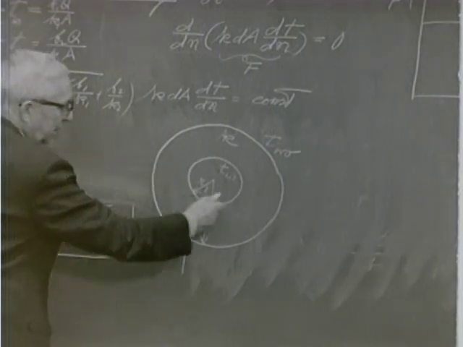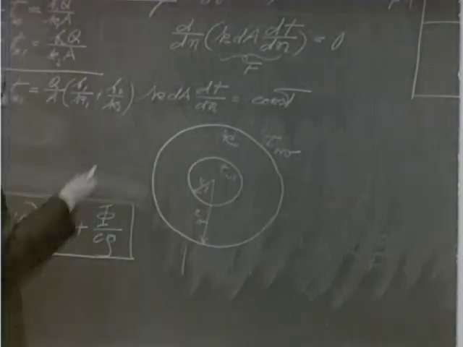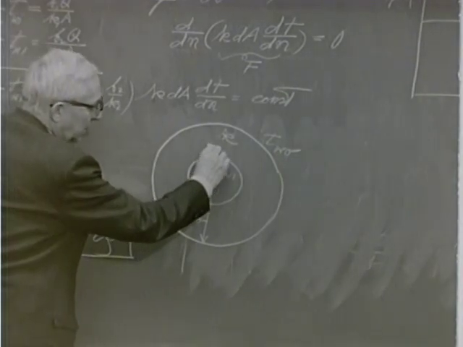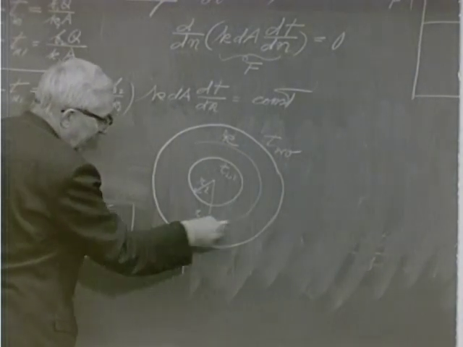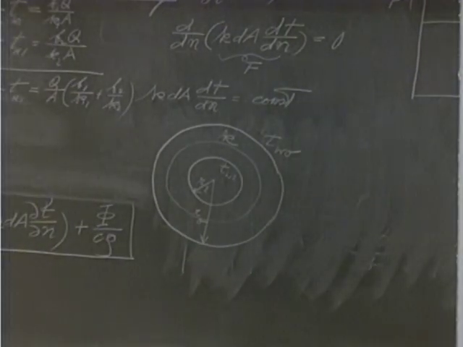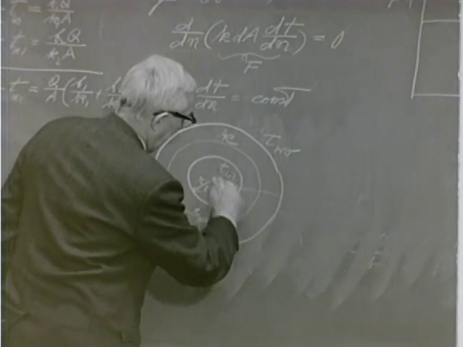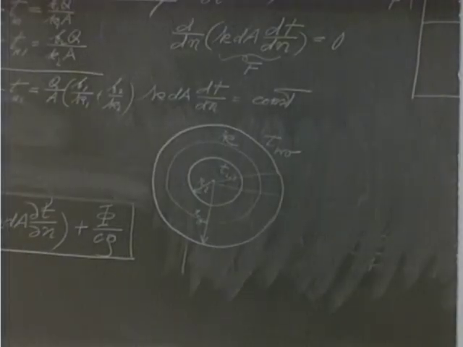If the temperature is constant along this spherical surface, obviously, then the isothermal surfaces in between will be, again, spherical shells. And the heat flow lines must be normal to those, so will be just radial lines going out in this direction.